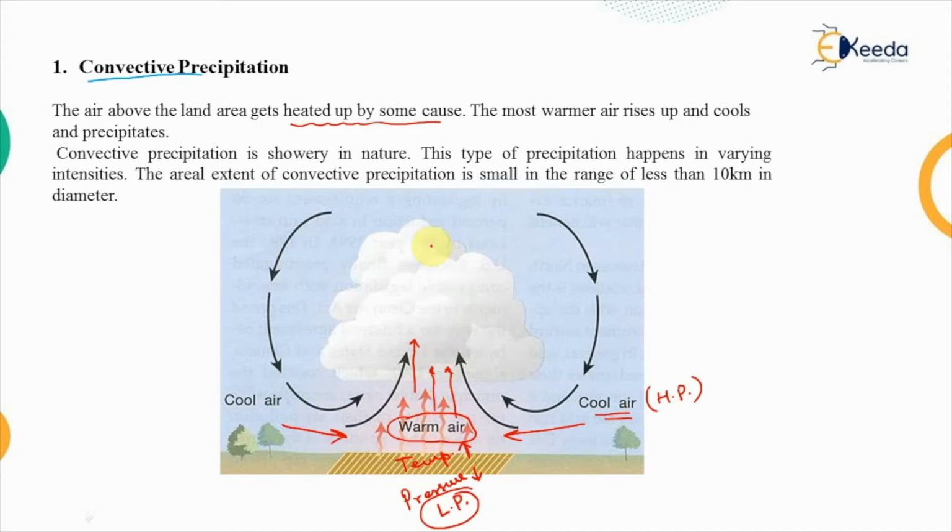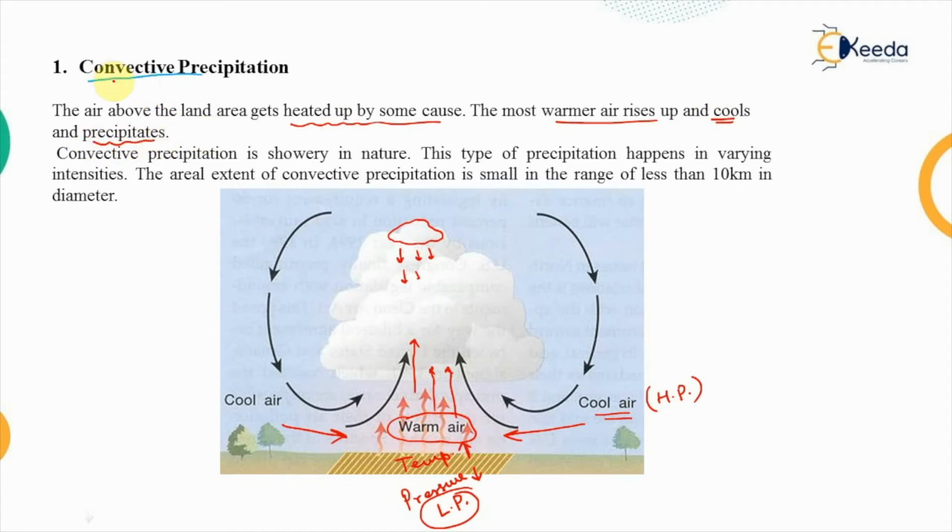When it reaches a sufficient height, it gets converted into a cloud, and upon reaching a certain level, it gets precipitated in different forms. So the warmer air rises up, cools down and then precipitates.